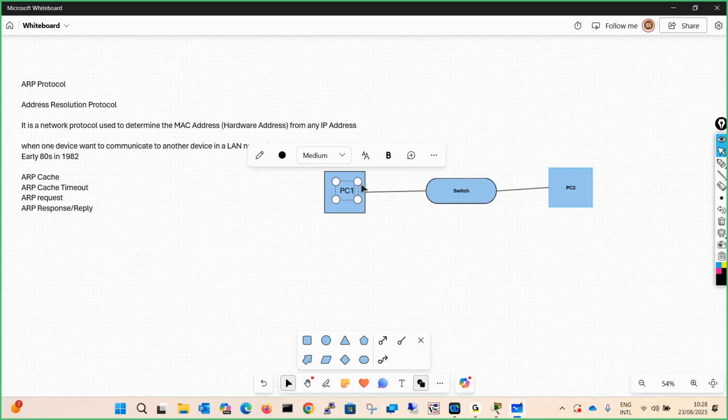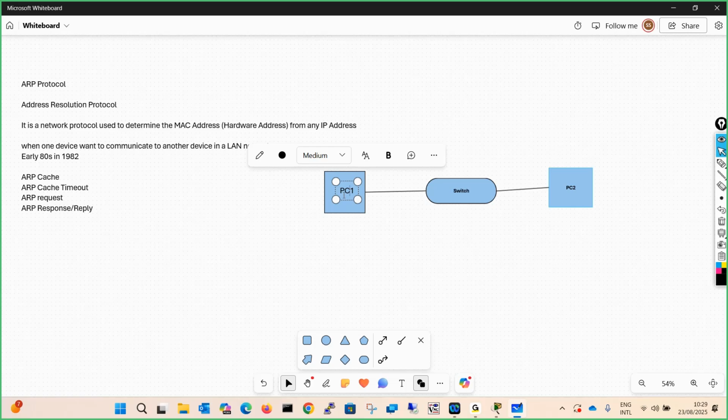Now, if PC1 has already learned the address and wants to send data to PC2, it will first check its ARP cache. Is it clear? And these entries are dynamic in nature, meaning they will have a limited lifespan, and they will keep flushing out at a specific interval.